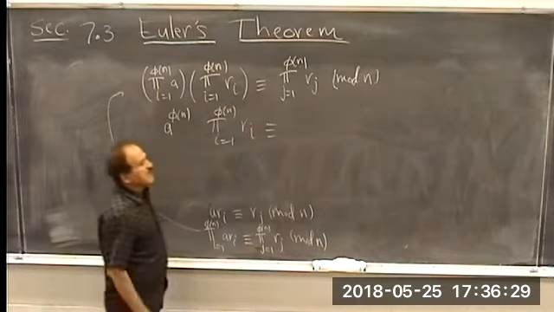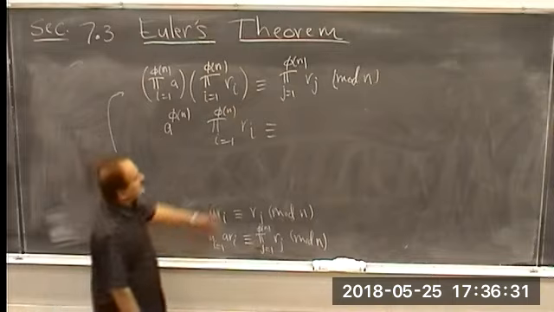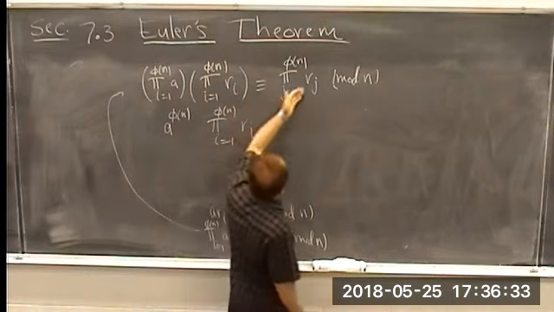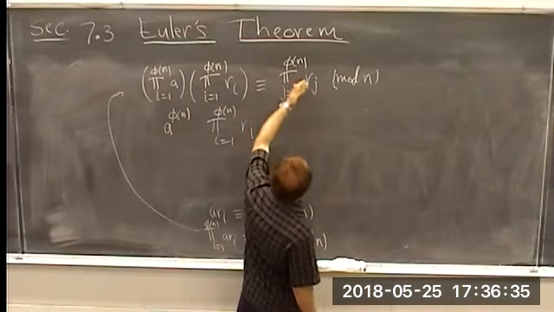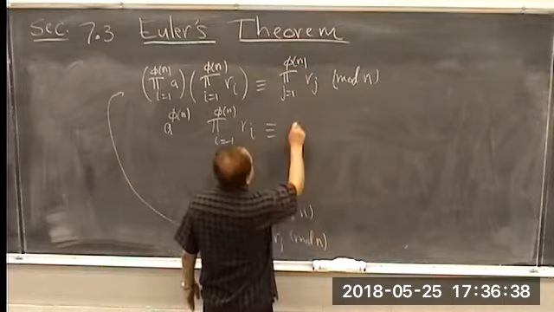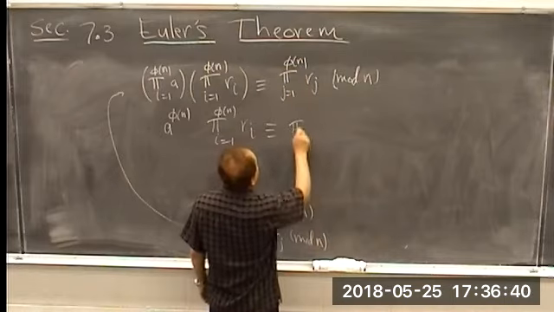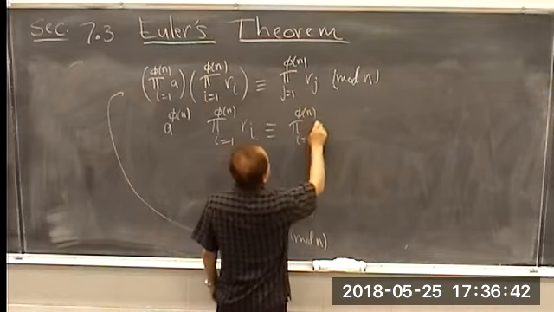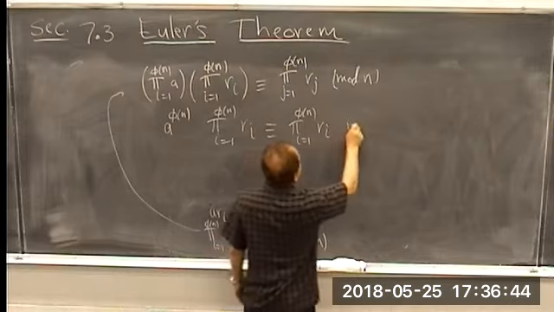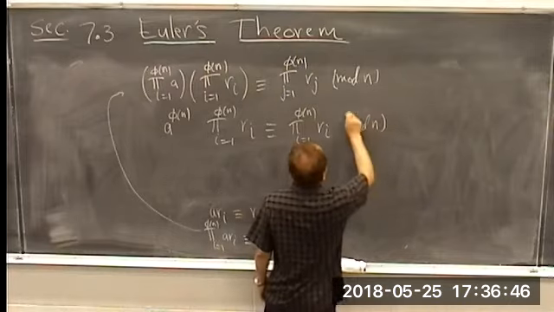Now, I could use a different index on this, because J is running through all the integers from 1 to phi of n, so it is the same as the product I equal 1 to phi of n of R sub I. You can rename them.